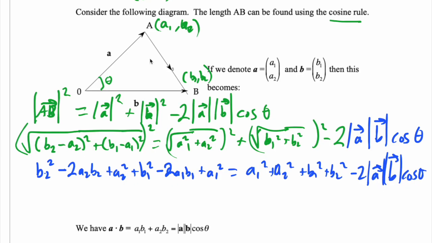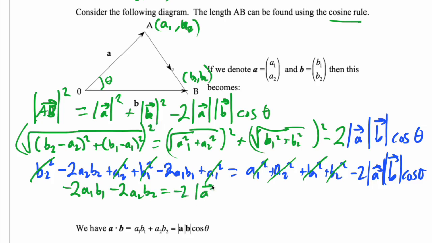Okay, and over here we have b1 squared on the left and b1 squared on the right, and the same thing with the b2s and the a2s and the a1s. They all cancel, and you've got negative 2a1b1 minus 2a2b2 equals negative 2 magnitude of A magnitude of B cosine theta.